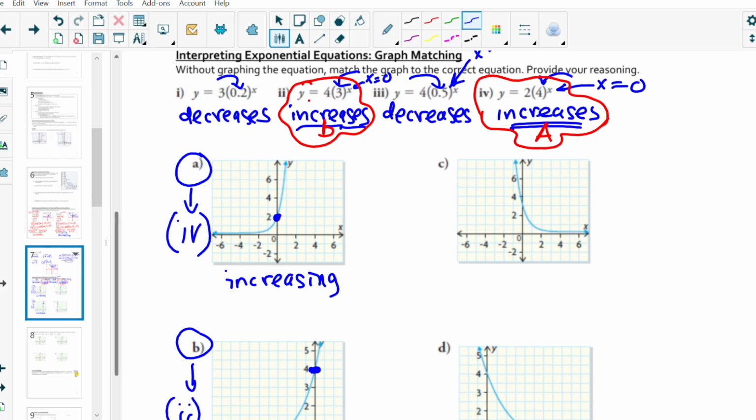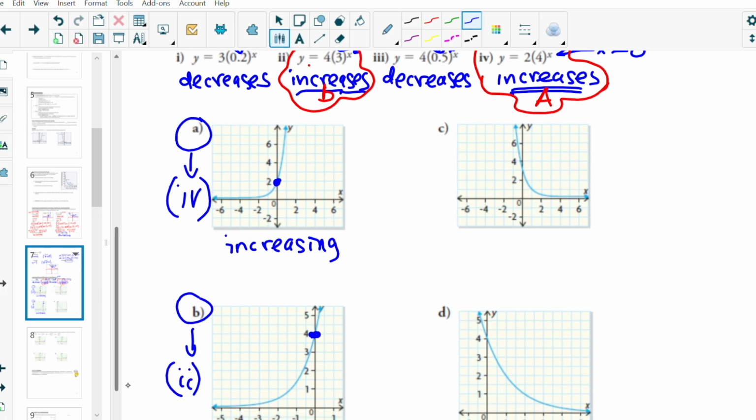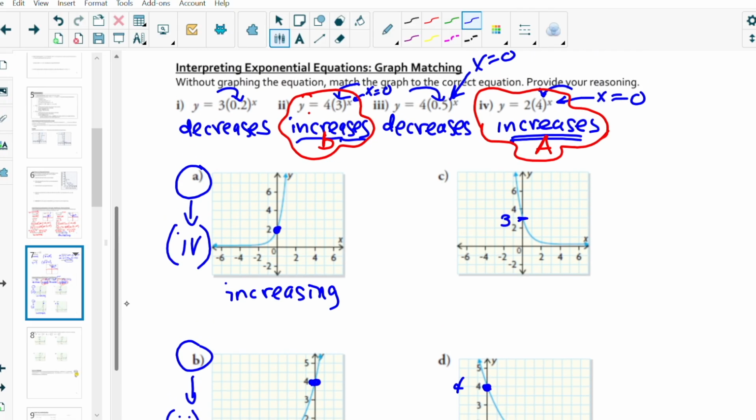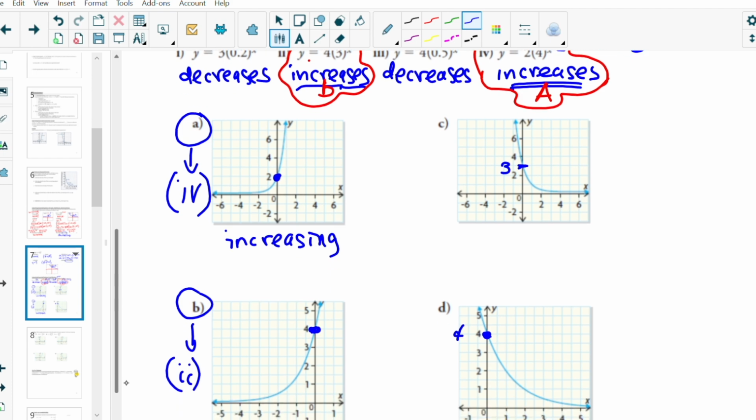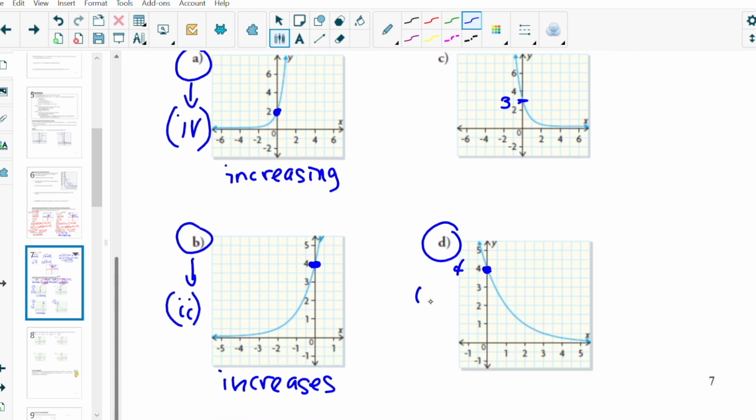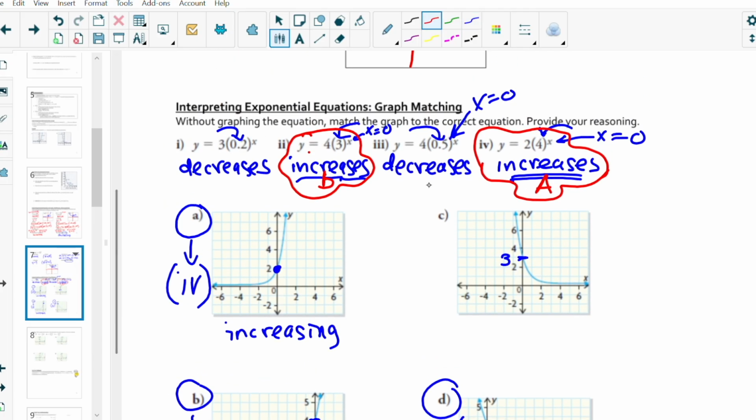So which of these has a y-intercept of 4? Right here, this is a y-intercept of 3. This is a y-intercept of 4. So equation Roman numeral 3 is letter D. I'll label it up here with letter D.